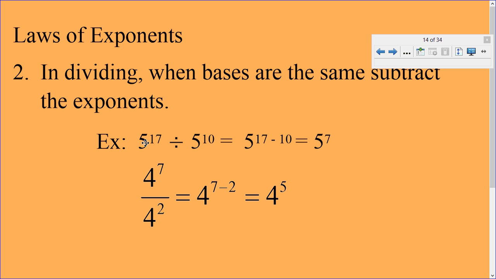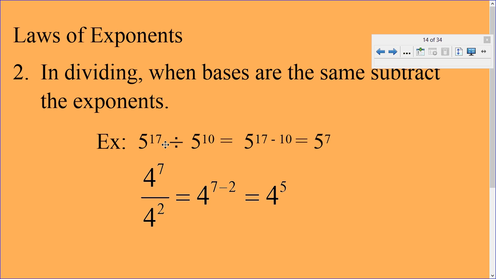So for example, 5 to the 17th divided by 5 to the 10th, we're dividing 5 to the 17th, which is a big number, 5 times 5 times 5, and so on, 17 times, divided by 5 to the 10th power, which is 5 multiplied by itself 10 times. There's a shortcut.